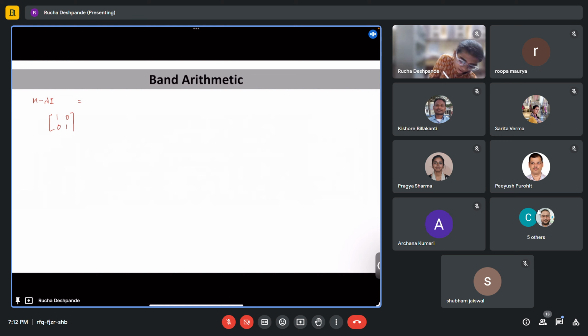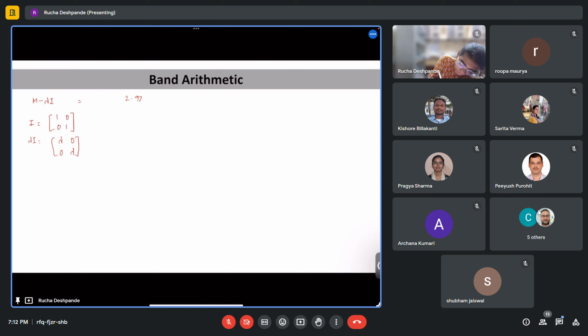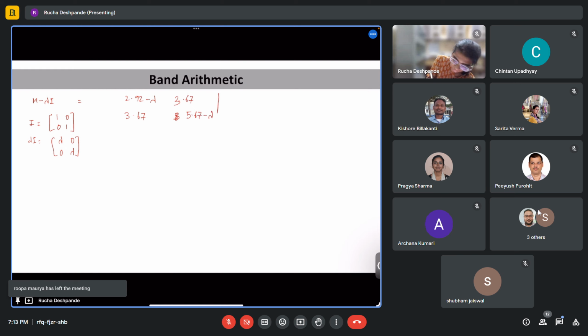So lambda I would be, so here we have, sorry, this is 5.67.